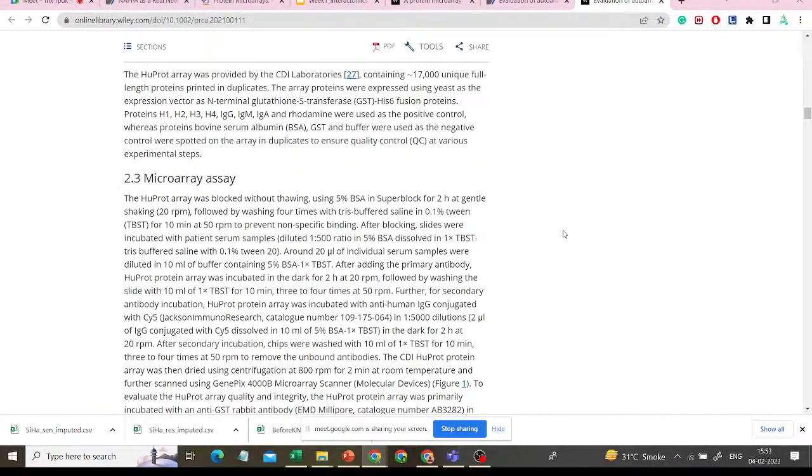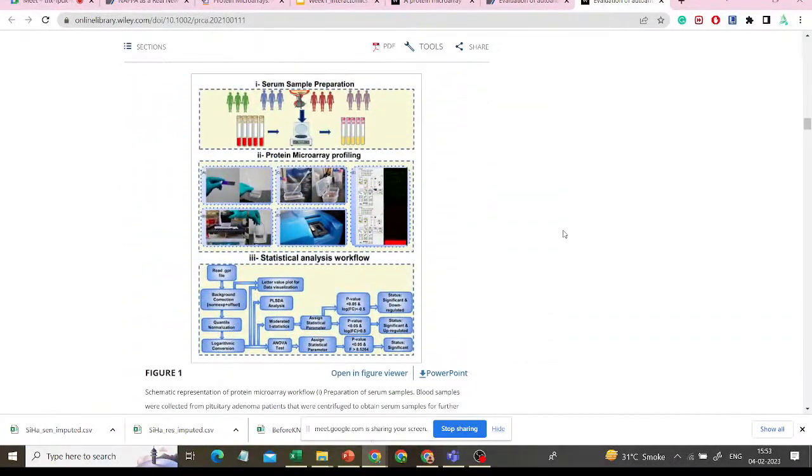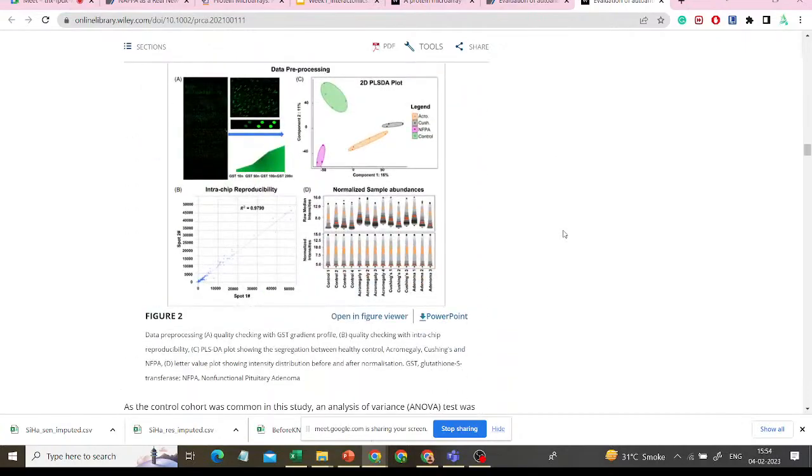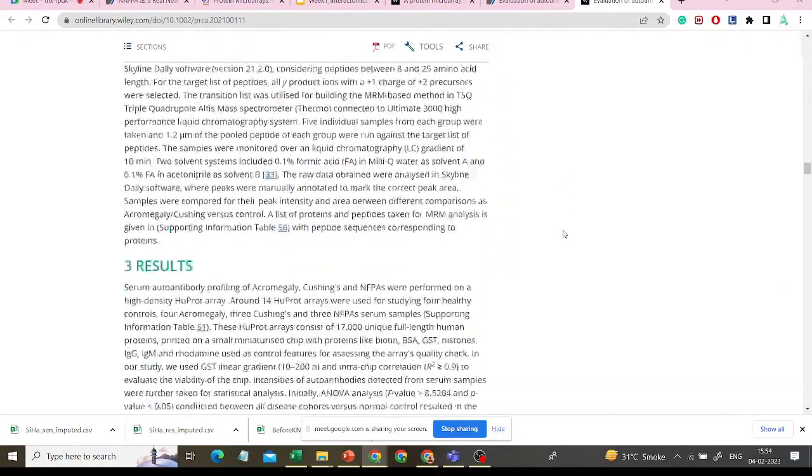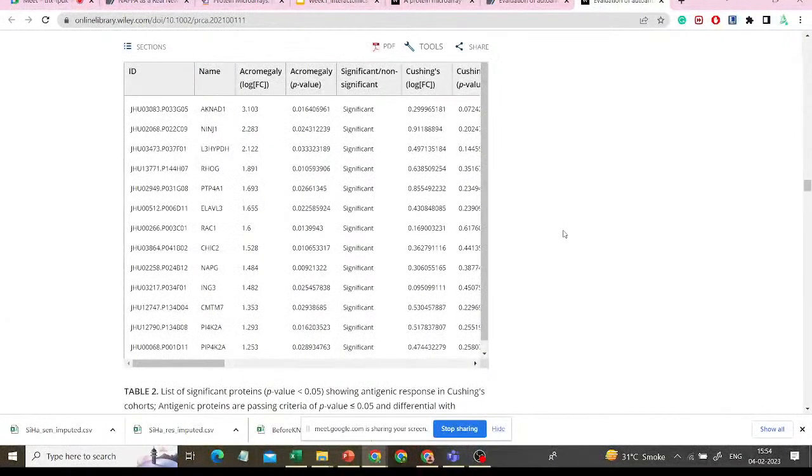Just think, if you can have one signature panel for each type of tumor or cancer, you can go on detecting in those patients who have even a little bit of symptom, and you just need to collect the serum and go to the clinic. If you go through these two papers, you will get to know more about the application of these technologies.